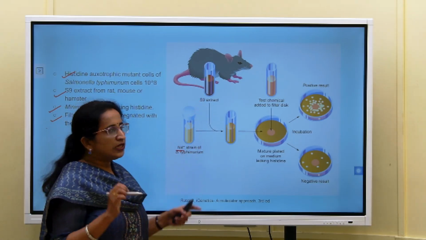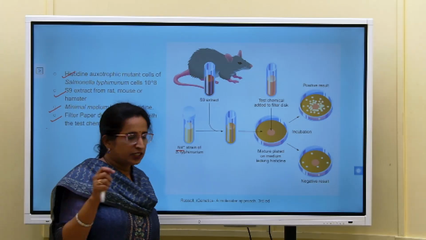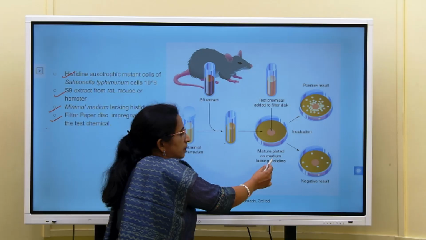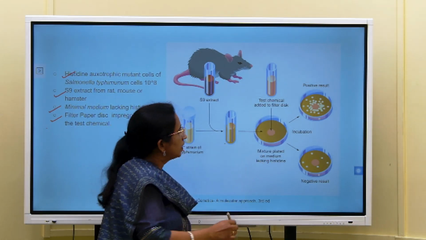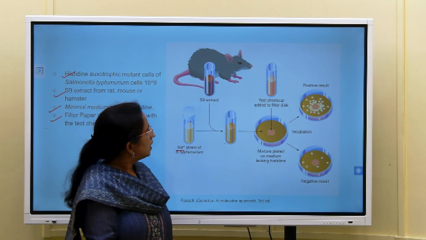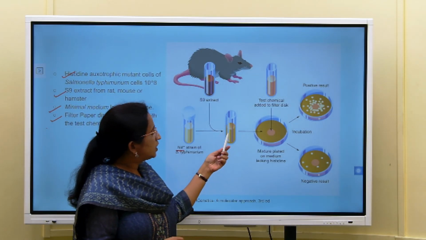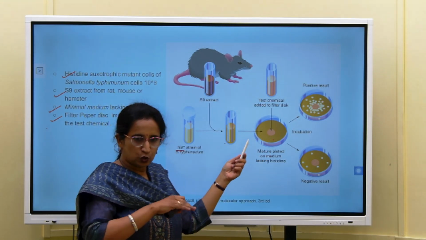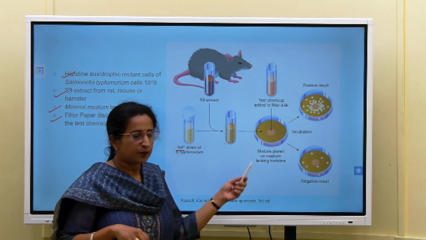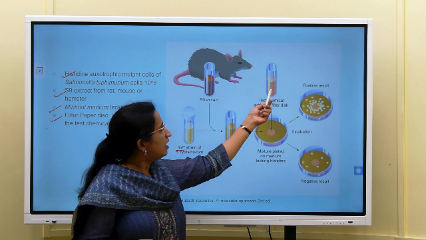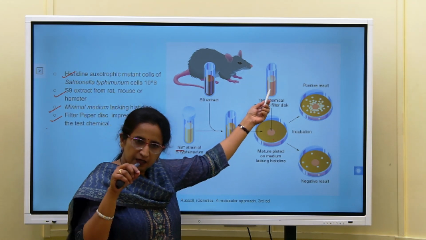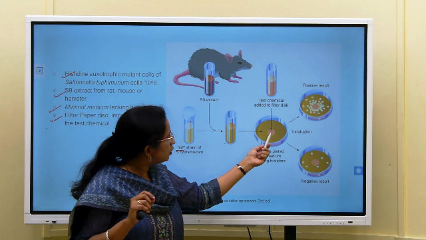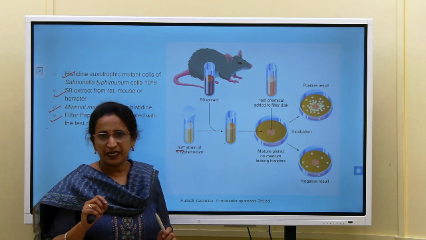That is mixed with the S9 liver extract here. This is the medium which lacks histidine. Now on this, you spread this culture, the Salmonella typhimurium, along with S9 extract on this plate. So it is swabbed on the plate. Now, you take a filter paper disc which contains the chemical to be tested, and you place it in the center of this plate.